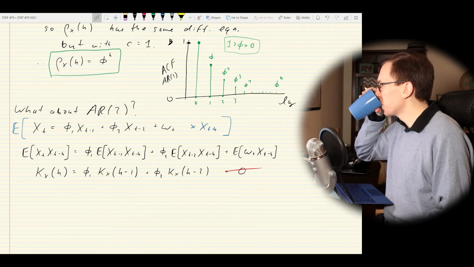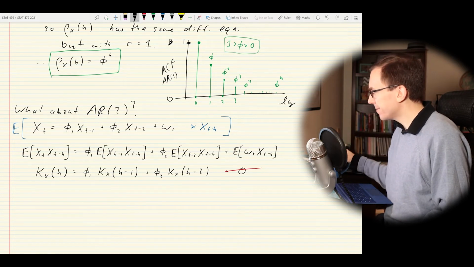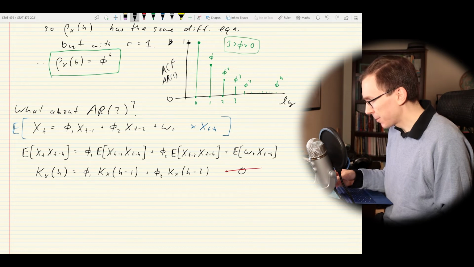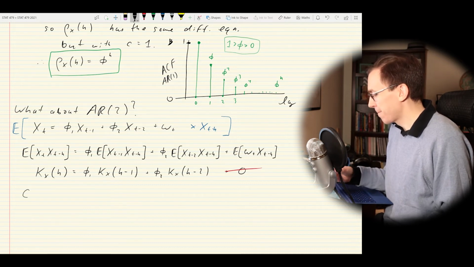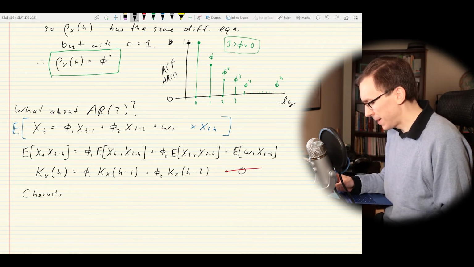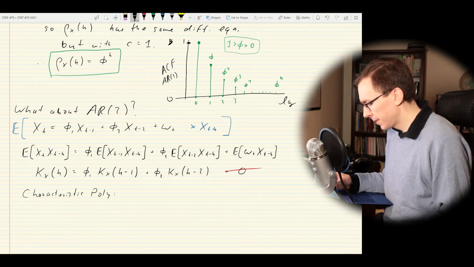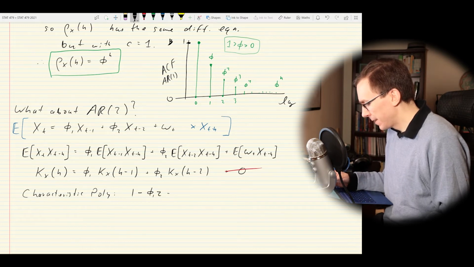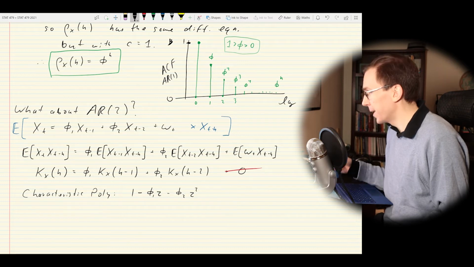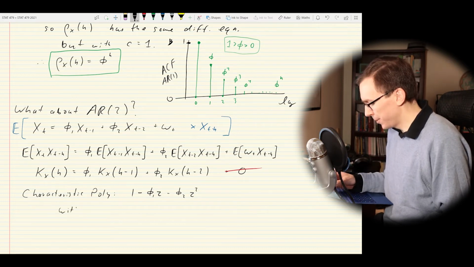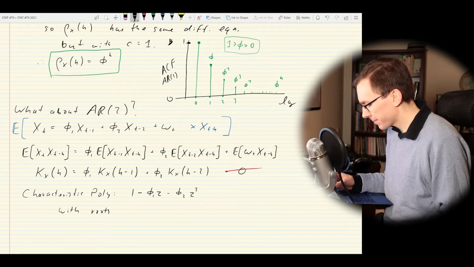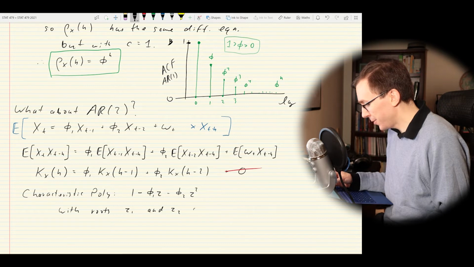All right, so we're going to do the same thing we did last time. This gives us a characteristic polynomial that is going to look like 1 minus phi1 z minus phi2 z squared with roots, we'll say z1 and z2.